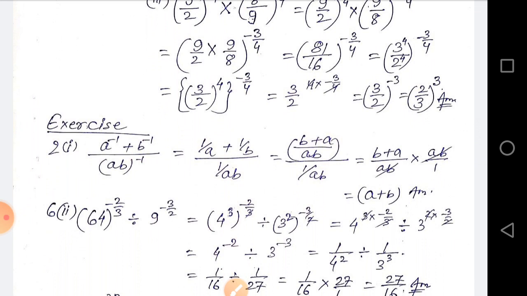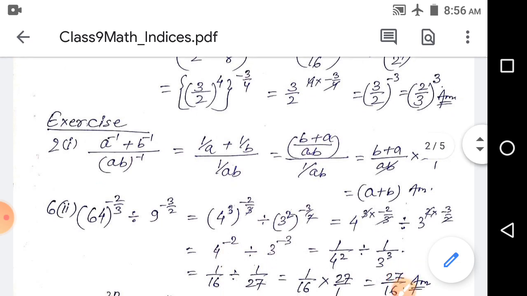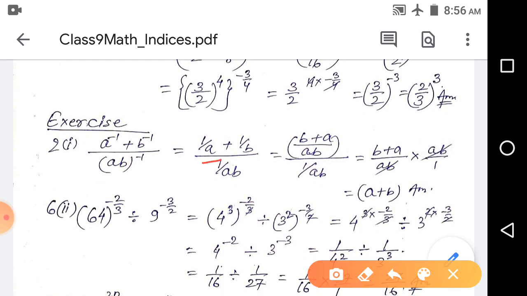Question number 2, bit 1 is (a to the power minus 1 plus b to the power minus 1) by (ab) whole to the power minus 1. You know that when we have minus 1 as an exponent, then we can write it as 1 by a to the power 1.